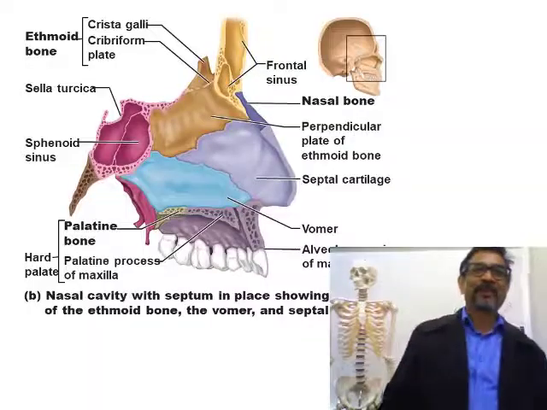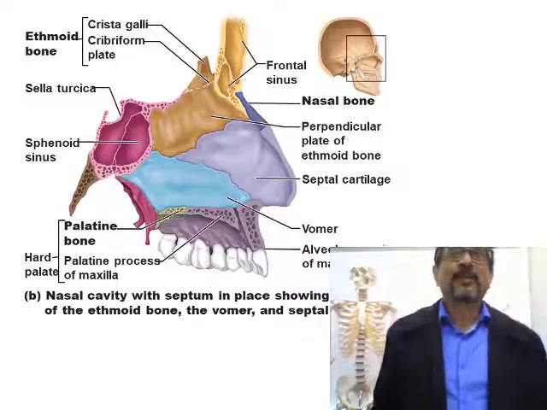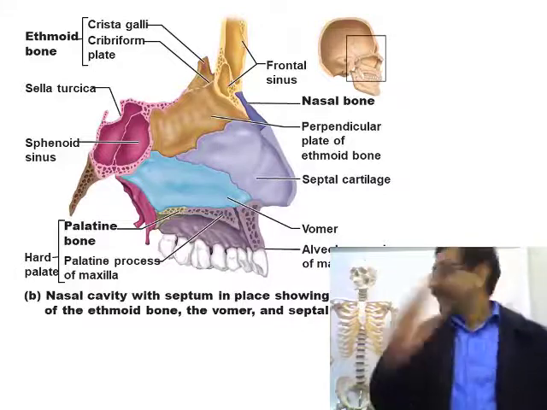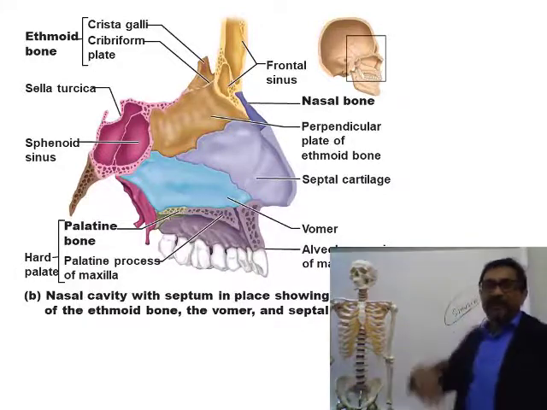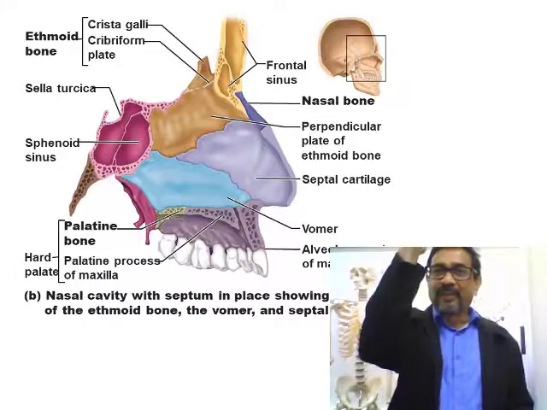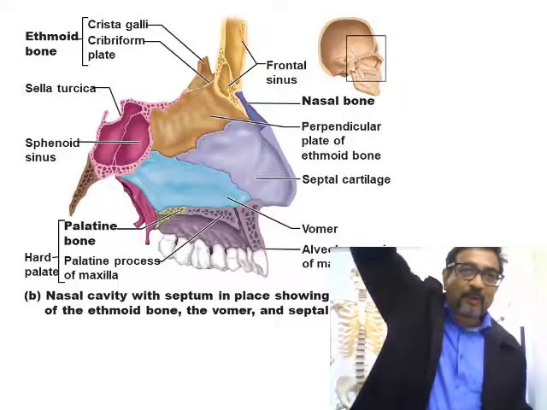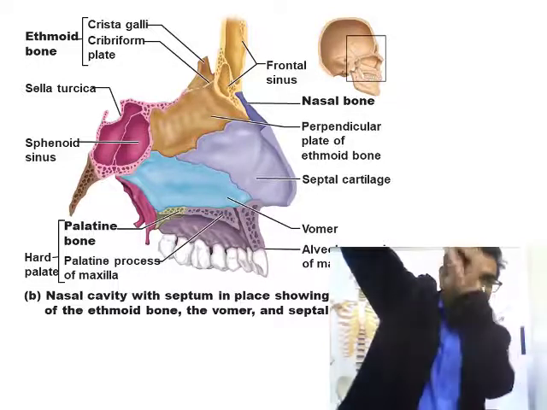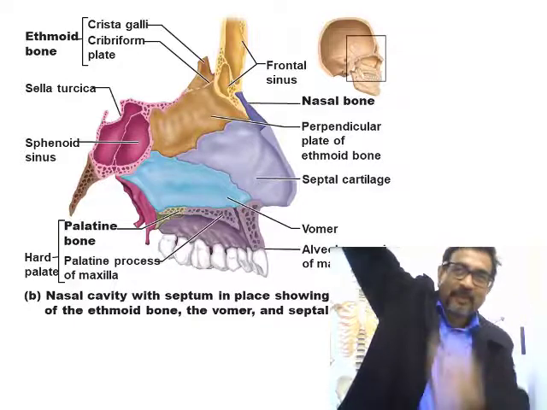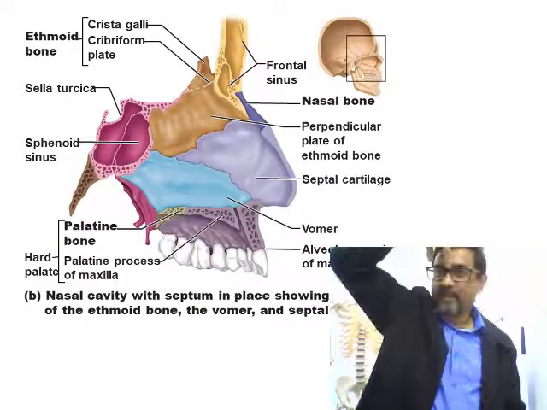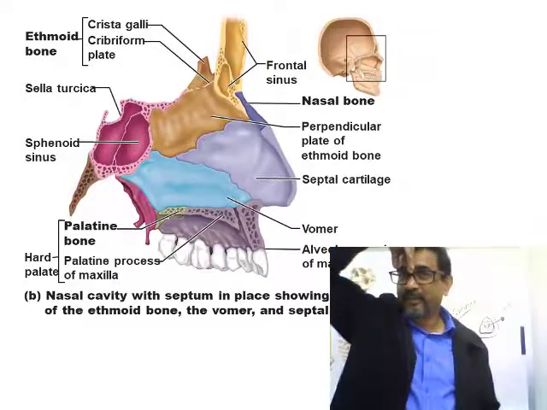Vomer is a plough-shaped bone inside the nasal cavity. Now, anybody remember? Let's check your memory. I told you ethmoid bone. I did draw here. Has middle portion, right? And the lower part of the middle portion goes down like a straight plate, right? Flat plate of bone inside the nose, and that forms what?